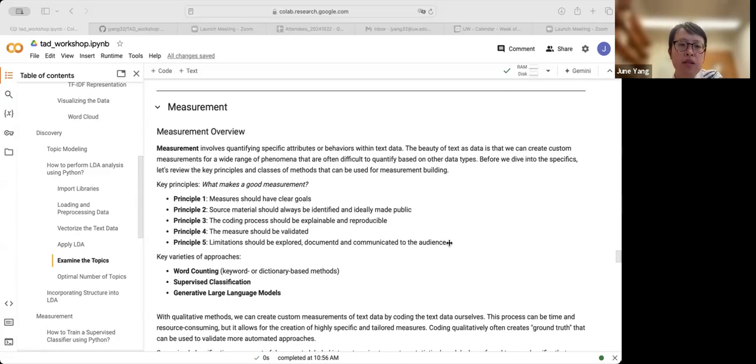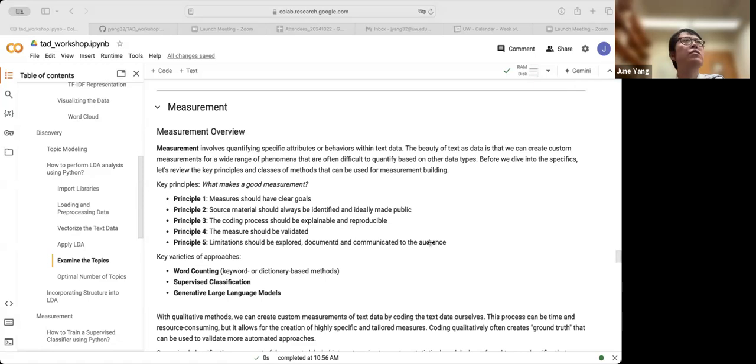Measurement, as I've put it here, involves quantifying specific attributes or behaviors within text data. This lies in the beauty of text data: we can create really customized measurements for a wide range of phenomena that are often difficult to quantify based on other data types.